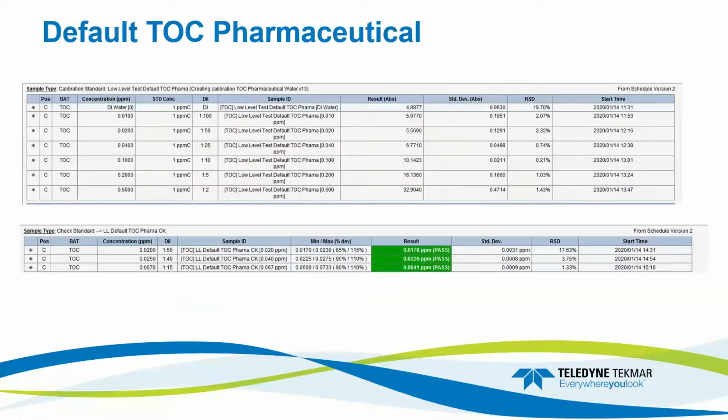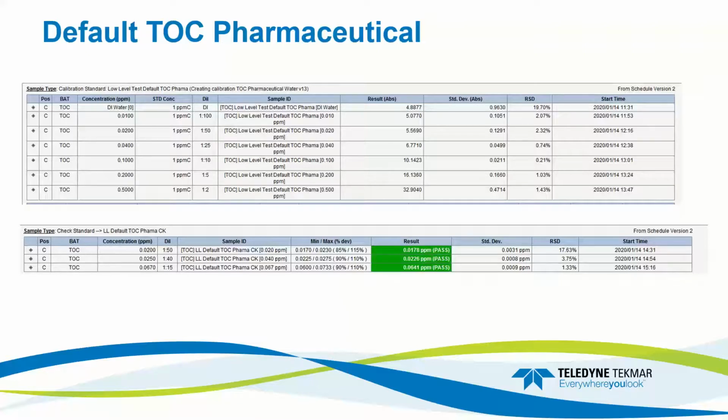For this study, we ran the default TOC pharmaceutical method. This comes standard on any system. So we ran a 0 to ensure that our ABSs were low. So we have ultra pure water, and we knew that was going to be less than our 10 ppb point.